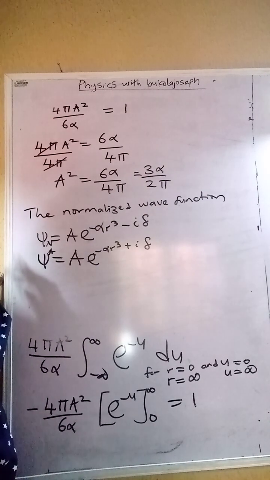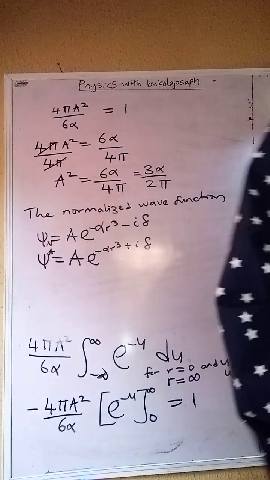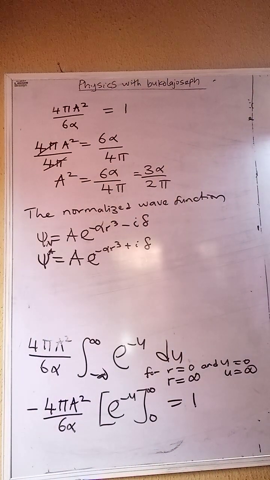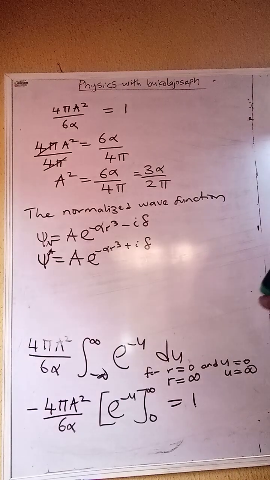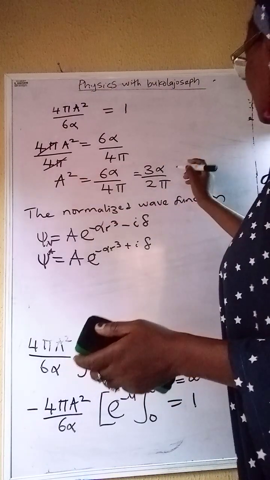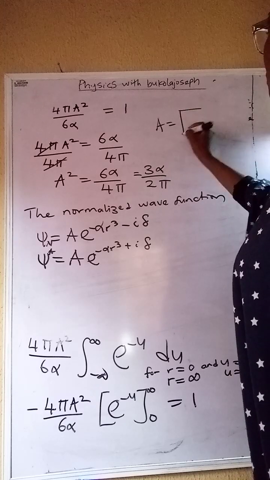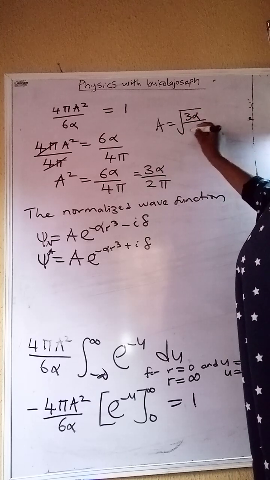I'll substitute my A here. You see A squared. So if we remember, this is A squared, so it's A we need. It means A will be equal to the square root of 3 alpha over 2 pi.